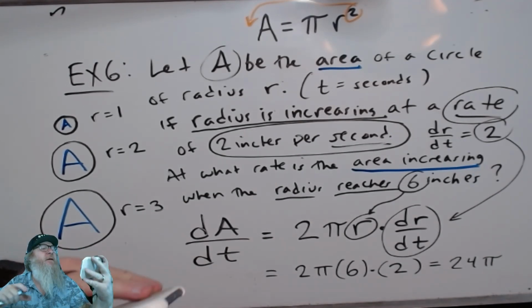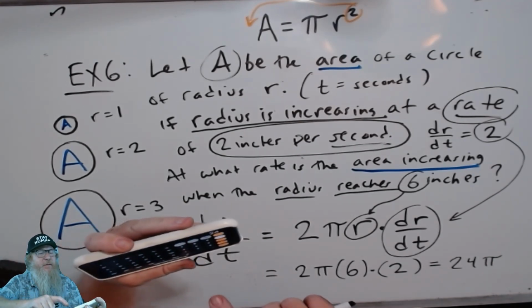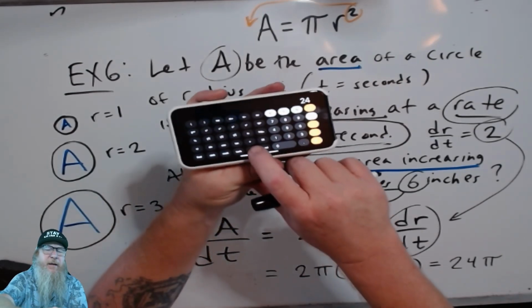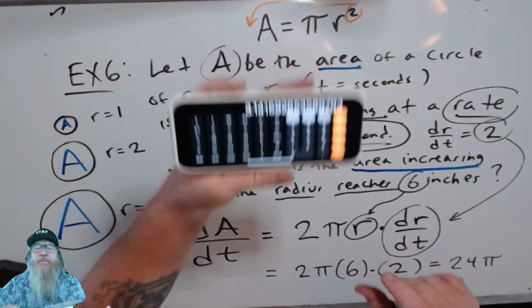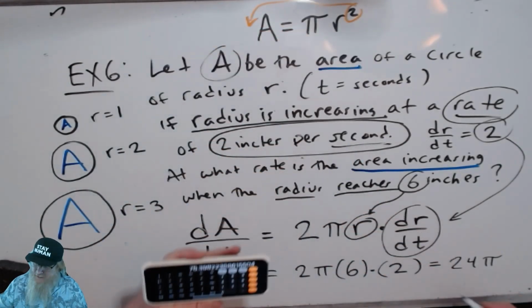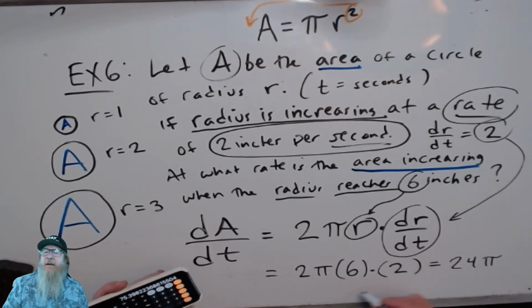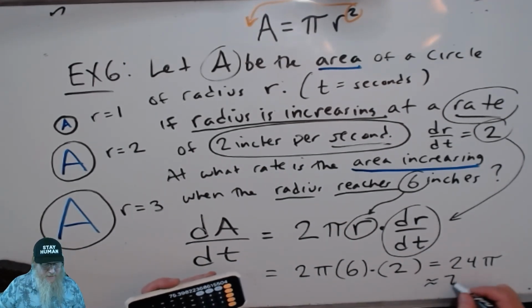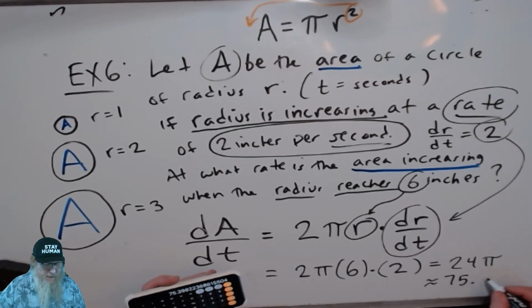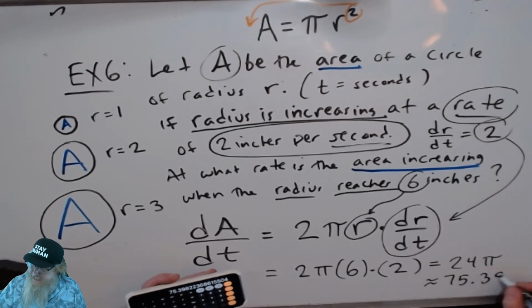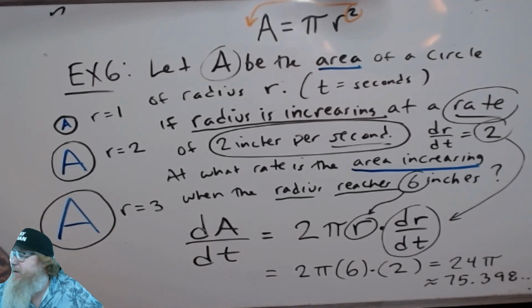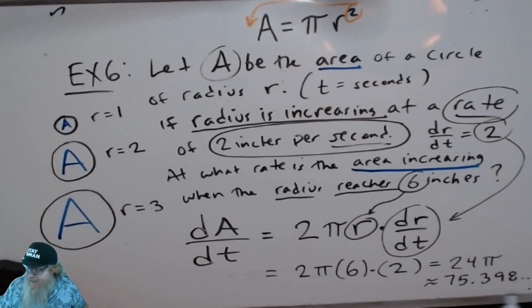Maybe have a pi button on here. Yep, right here. We've got a pi button right there. So that's going to be 75.398. For this one, it's not money, so I'm just going to round it to 1 decimal.